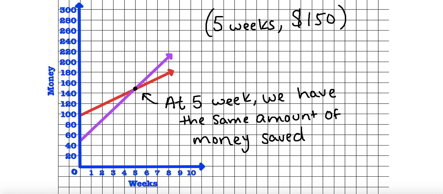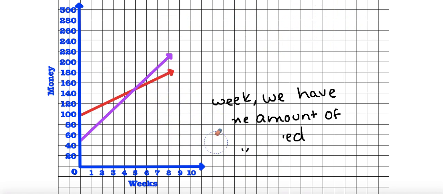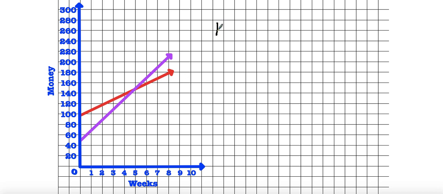So I'm going to talk a little bit more about that. If we look at mine, which is the purple line, we have the X down here, which is the number of weeks, and we have the Y here, which is the amount of money saved.